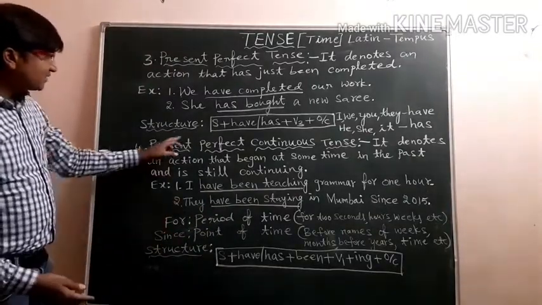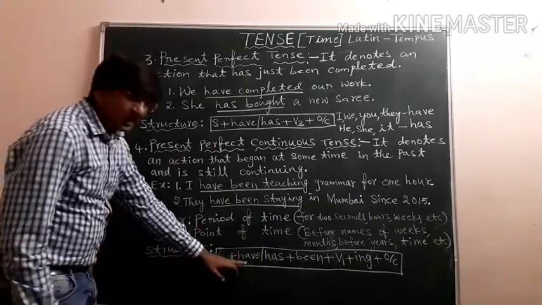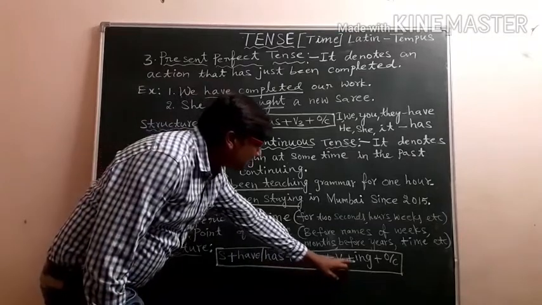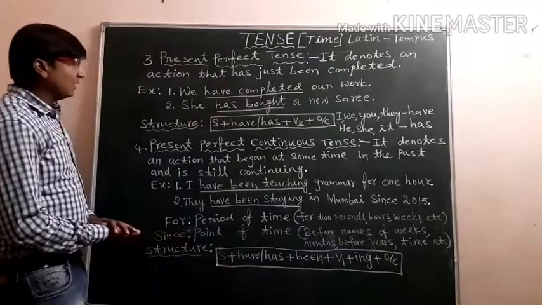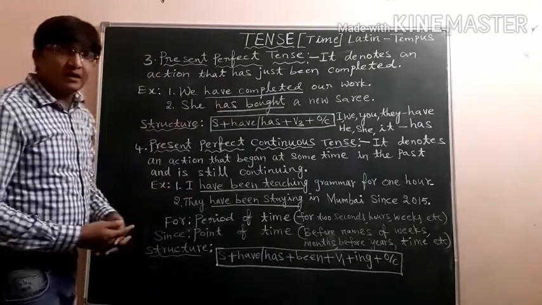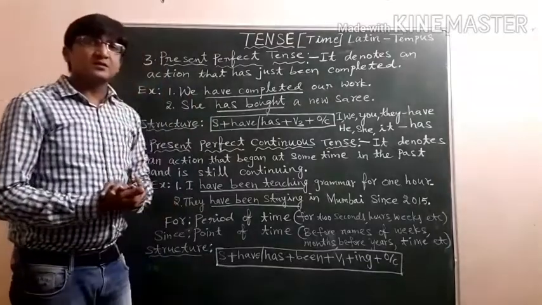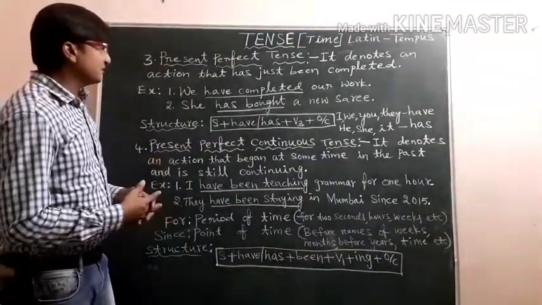The structure of present perfect continuous tense is: subject plus have or has plus been plus V1 plus ing plus object or complement. And for both these tenses we can frame affirmative, negative, interrogative and interrogative negative sentences.